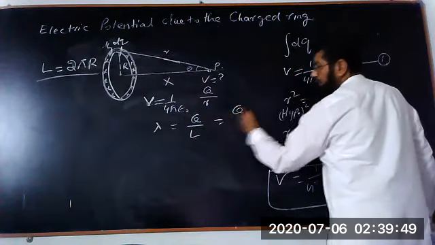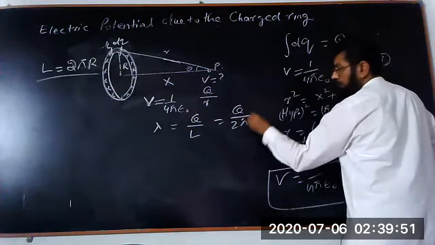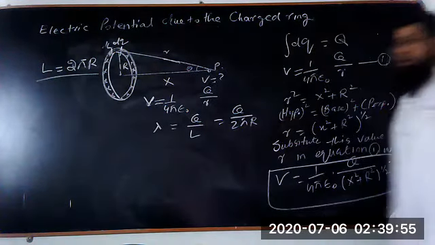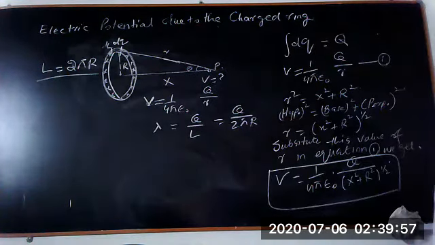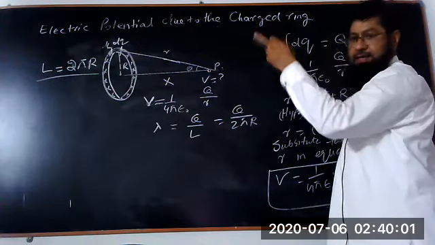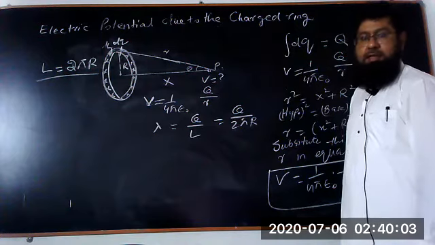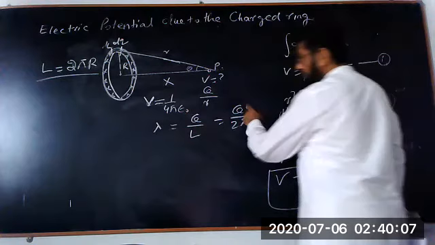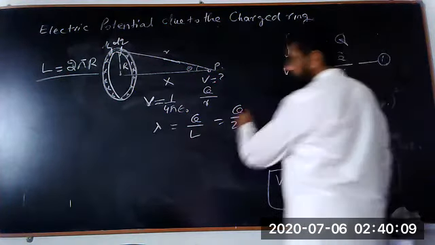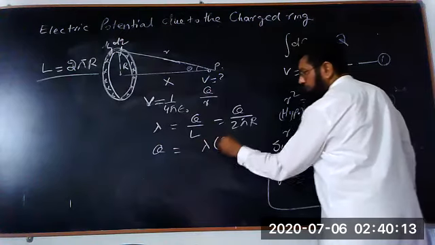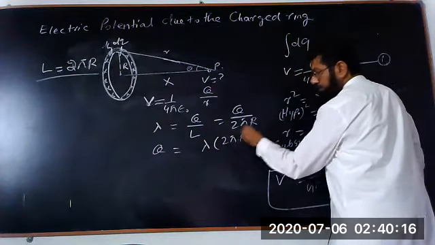Here length is equal to 2 pi R, because when you make a circle of this length, the length becomes its circumference. So here lambda is equal to Q over 2 pi R, and cross multiplication, Q is equal to lambda into 2 pi R.